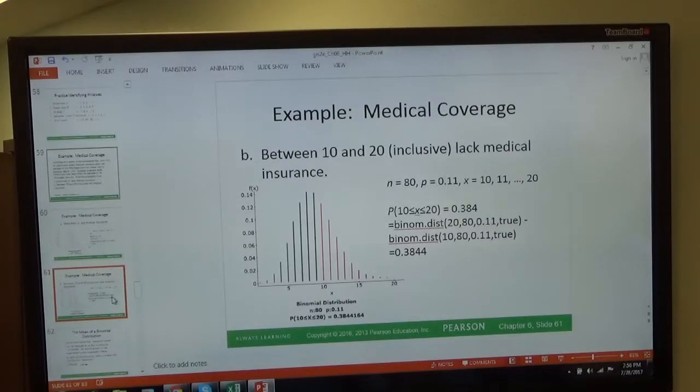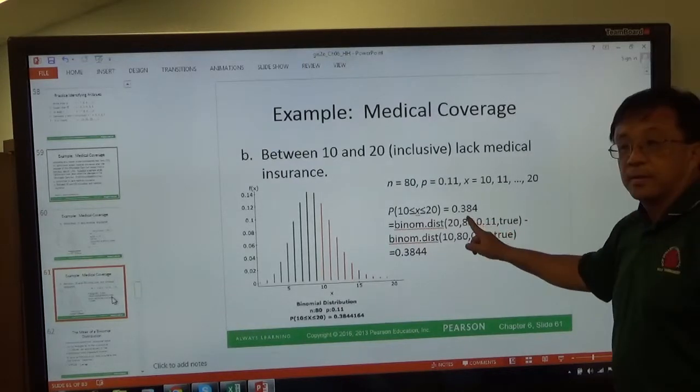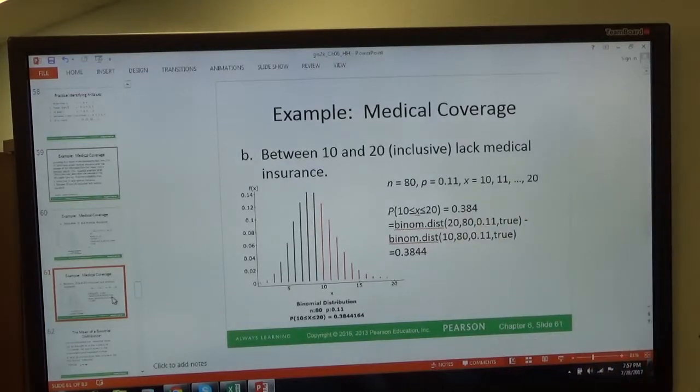Can we first find 10 or less, yes, by using Excel? Can we find 20 or less? Then in between, you take a difference between the two.